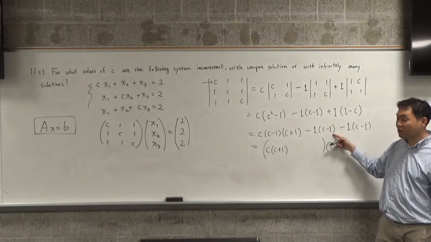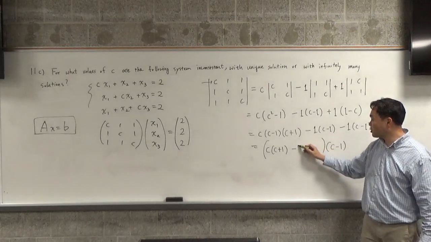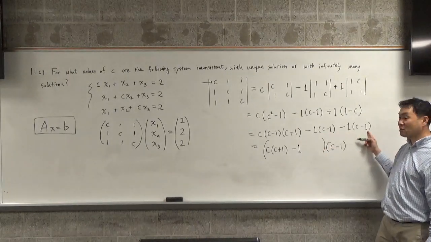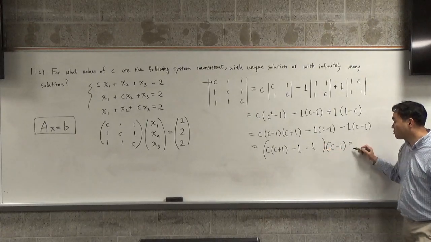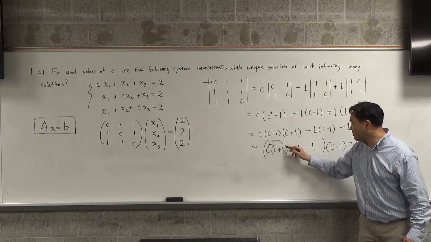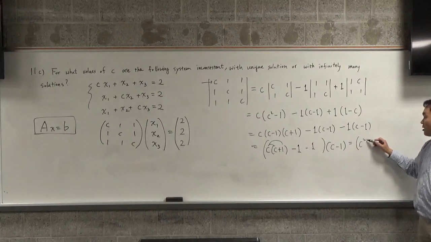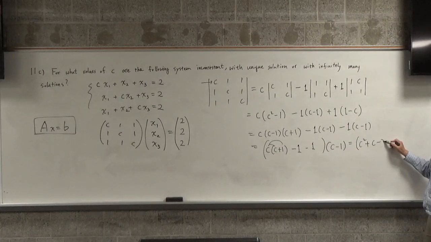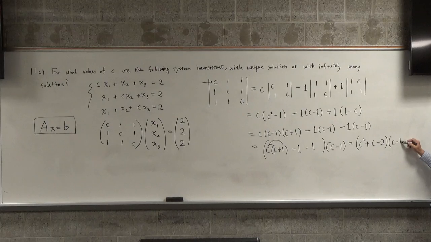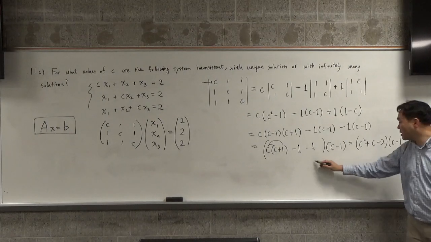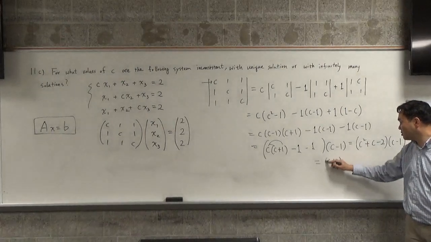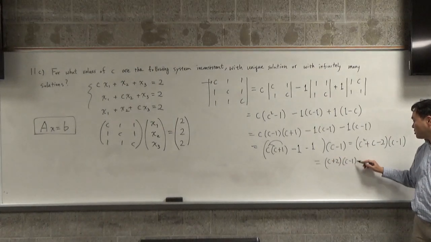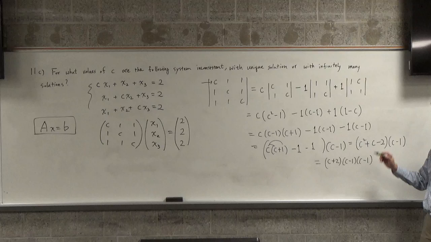C minus 1 is gone, so you have minus 1. C minus 1 is gone, another minus 1. So now you expand, you get C squared plus C minus 2, times C minus 1. And then you can further factor this as C plus 2, C minus 1 times C minus 1.